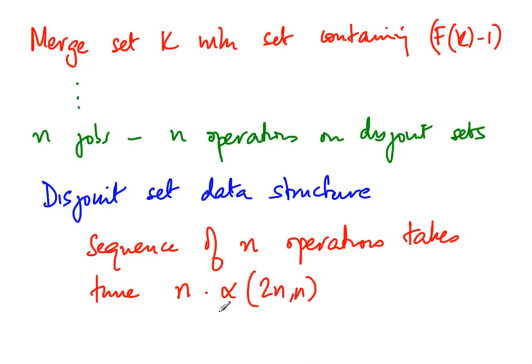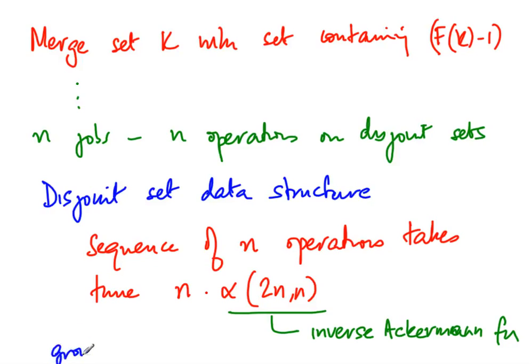Now this alpha of 2n comma n is what is called the inverse Ackermann function, and this inverse Ackermann function grows very slowly and is virtually a constant.